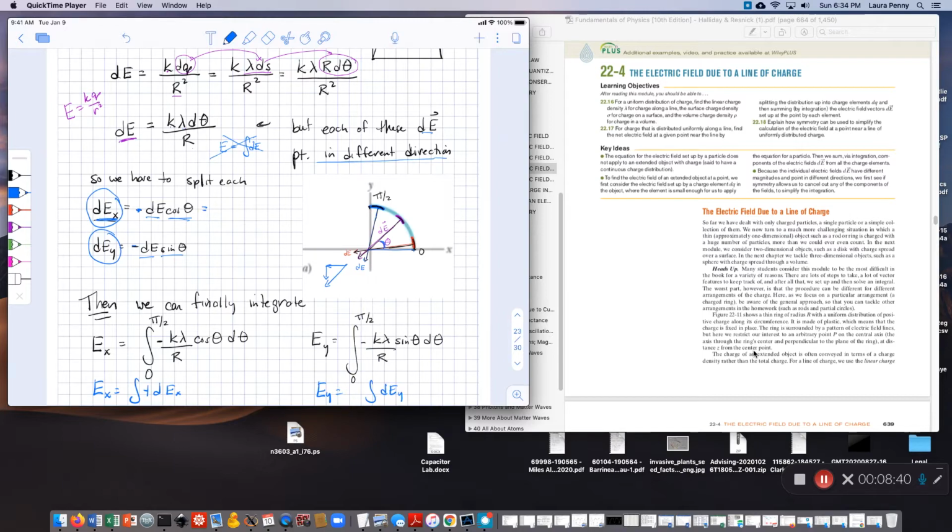So I'm going to say negative k lambda d theta cosine of theta over r, negative k lambda d theta sine theta over r. That's my dEx and dEy. And that's what I've got down here in the bottom.